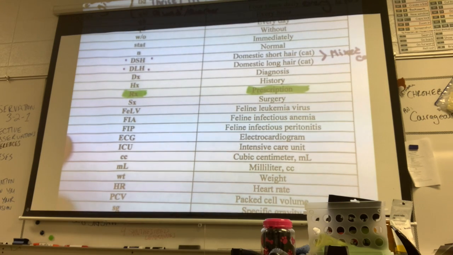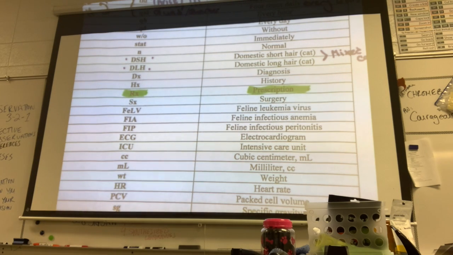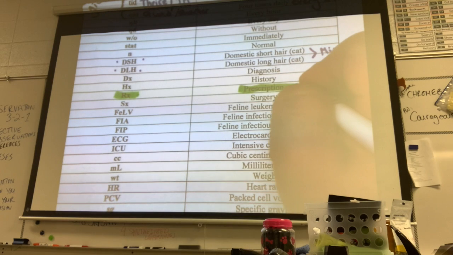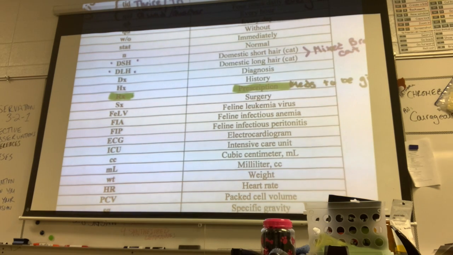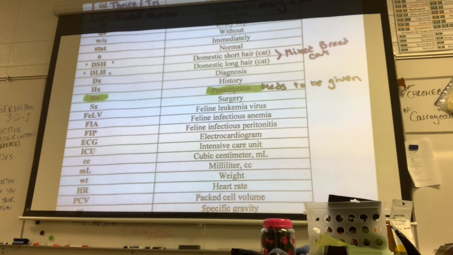But the prescription is really the medication that's going home, right? So it's the medication that the doctor gives. I just don't know why they would put an RX for prescription. Latin word for recipe, meaning to take. Nice and loud, Mrs. Ritter. It's the Latin word for recipe meaning to take. Oh, well, there we go. That's why it's an R. Yep.